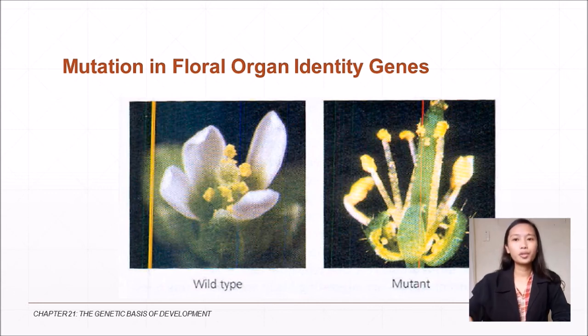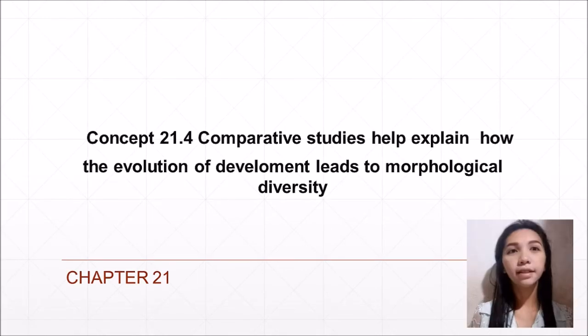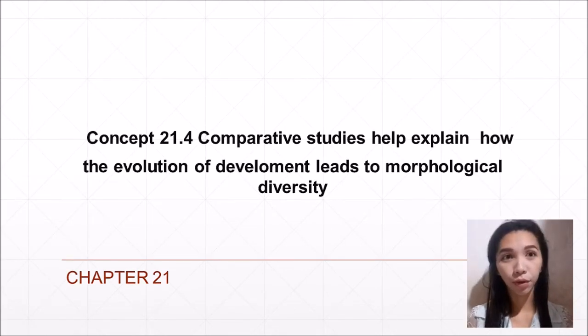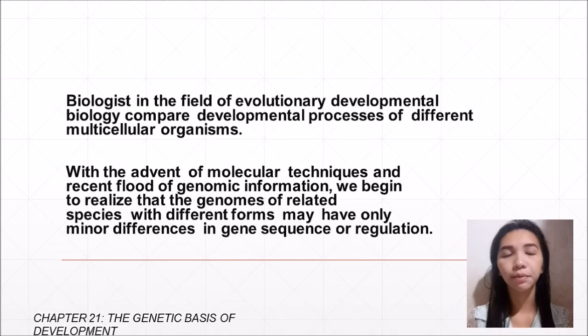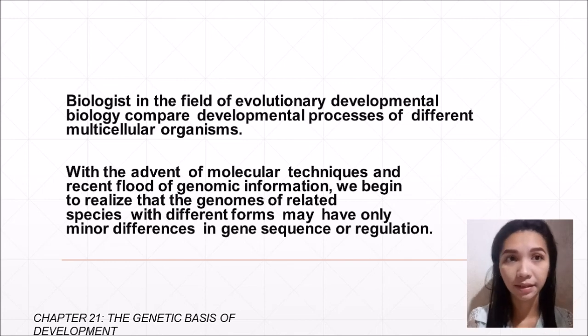as discussed earlier. So, concept 21.4 is about the comparative studies which help explain how the evolution of development leads to morphological diversity. Biologists in the field of evolutionary developmental biology compare developmental processes of different multicellular organisms.